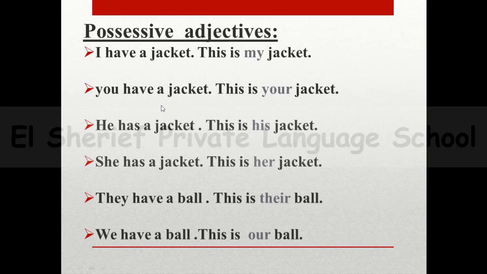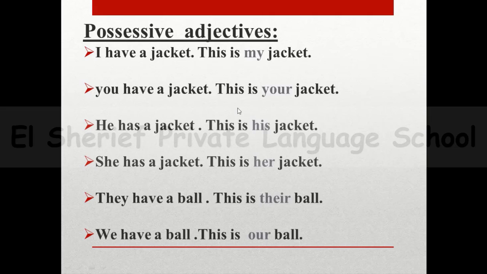Here is the word jacket. The second one, you have a jacket, and this is your jacket. Where is the subject here? The subject here is you. So I will use your as a possessive adjective before the noun jacket, as the subject here is you.